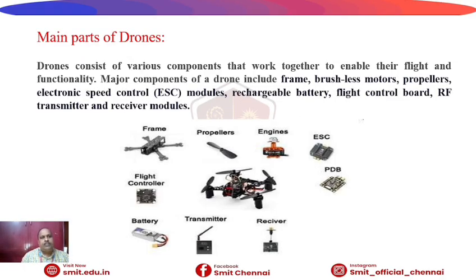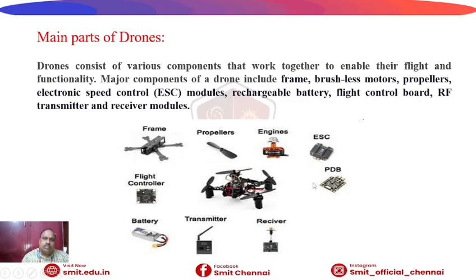So these are the main parts of drones. It consists of various components that work together to enable their flight and functionality. So major components you can see here, that is a frame, propeller, engines and electronic system control.